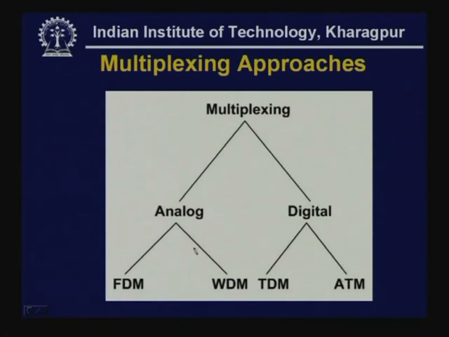So, we can say that analog signaling is used for frequency division and wavelength division multiplexing, and digital signaling is used for time division and asynchronous time division multiplexing.